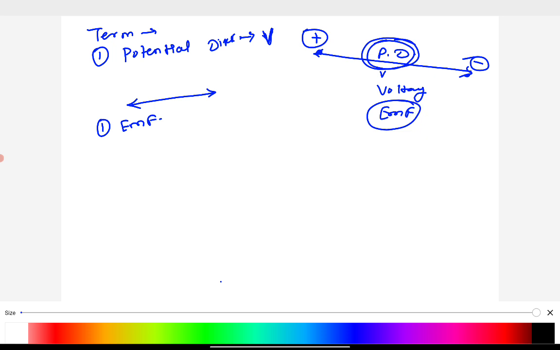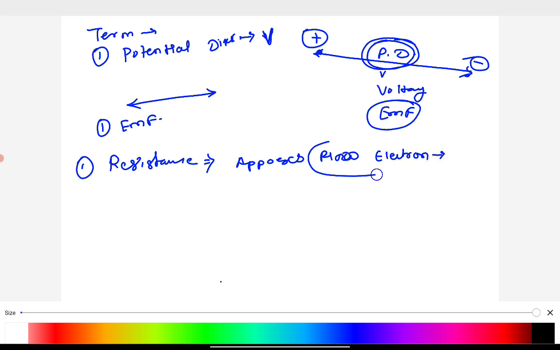Then the most important one is resistance. As we all know, every element or every atom has this property, known as resistance. Resistance is the opposition to the flow of electrons, or electric current.